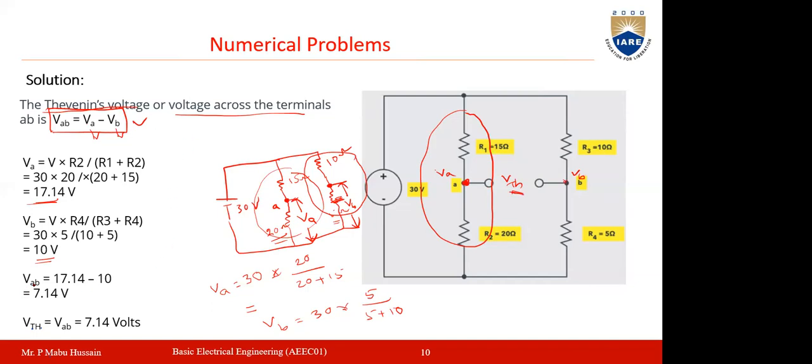The voltage across terminals AB is the same as V Thevenin. With VA as 17.14 and VB as 10, VAB will be 7.14, so you got V Thevenin as 7.14 volts.